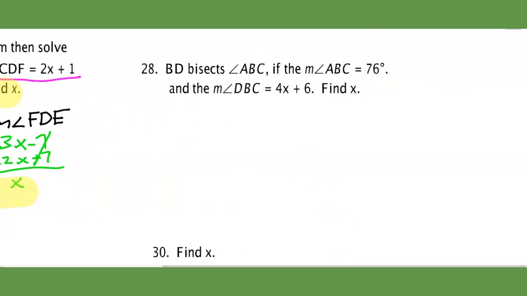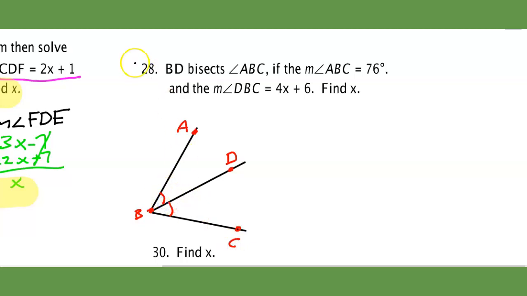Okay, very similar. Always draw a diagram just to make sure. And so we're being told that BD bisects ABC, which means that these two angles are equal to each other.